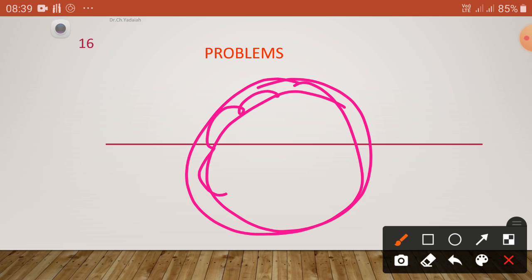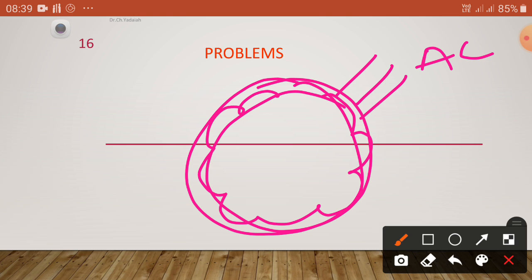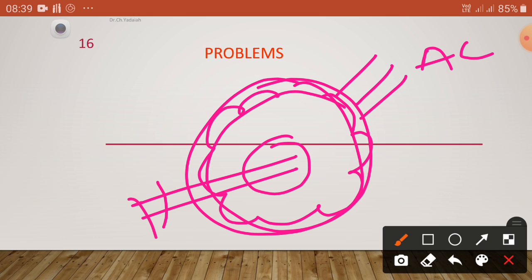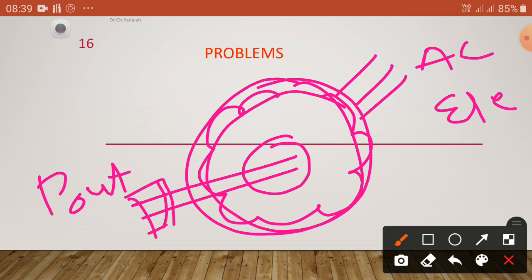The stator has the stator winding. Now, three-phase AC supply is given. How does the AC supply convert to mechanical energy? The mechanical energy is connected to the rotor. P input is the AC electrical input, and the mechanical output will come as P mech.